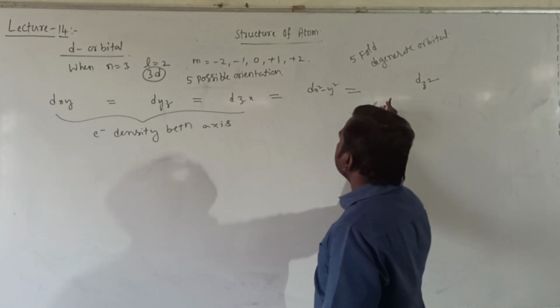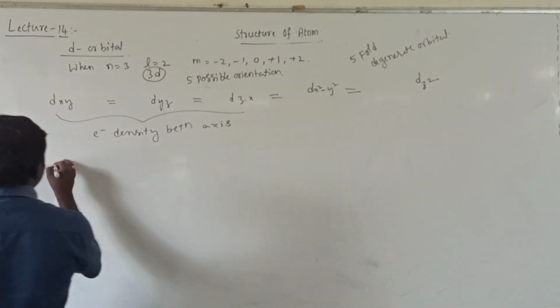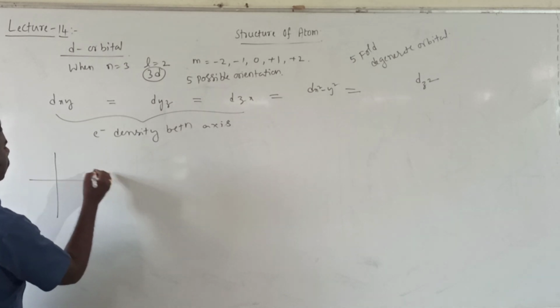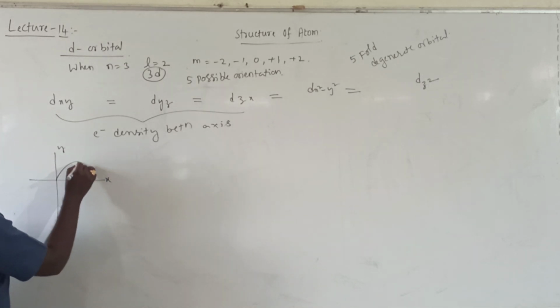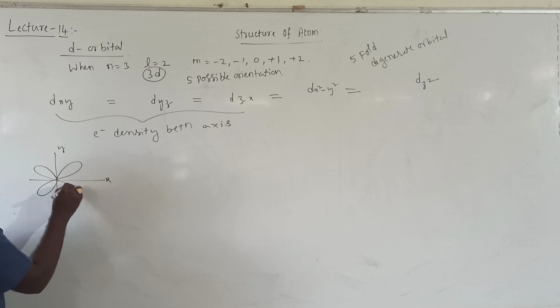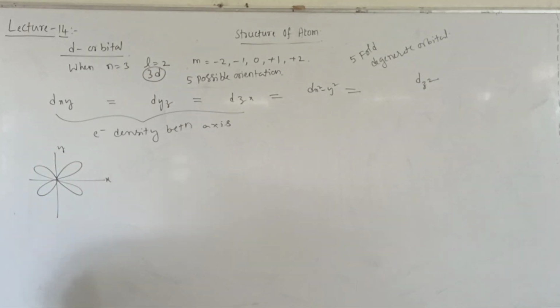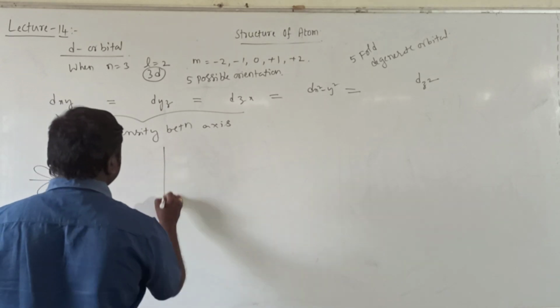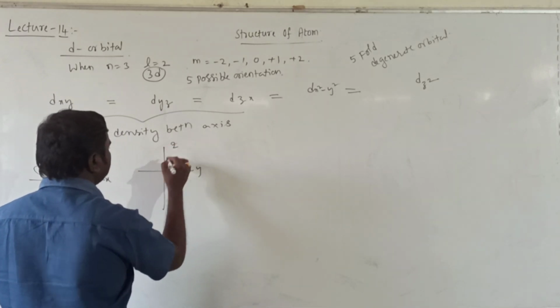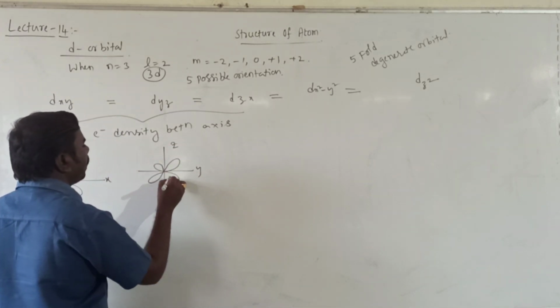Now, dxy, this is xy, in between axis. Next, yz, this is considered as yz, between the axis.